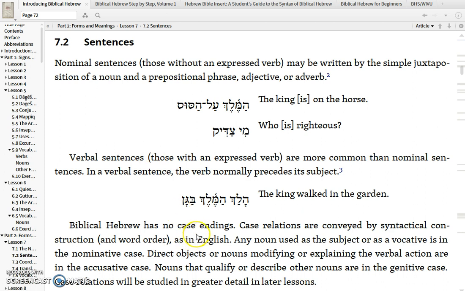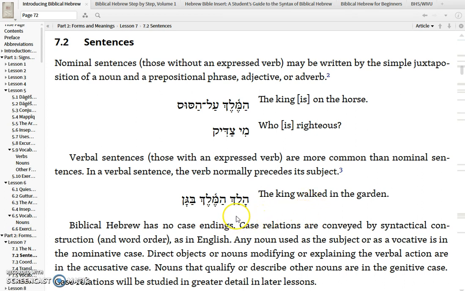Now, verbal sentences expressed with a verb are more common than nominal sentences. And in those sentences, the verb typically precedes the grammatical subject. So if you want to say the king walked in the garden, you don't say the Hebrew word order that the king walked.